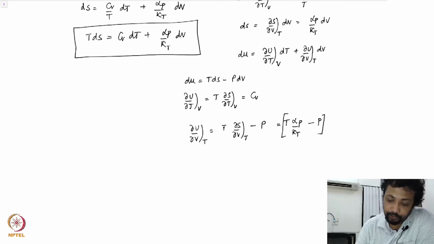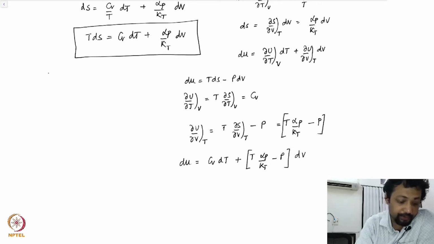In fact you can always get these relations from the first law also. So if you put it over here, dU is Cv dT plus del U del V, temperature constant, which is T alpha P over kappa T minus P dV, because you know that TdS is dU plus P dV.